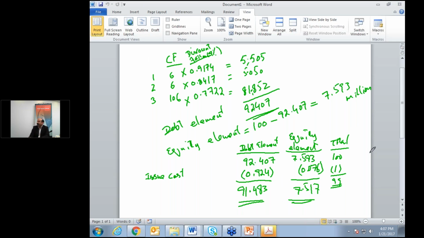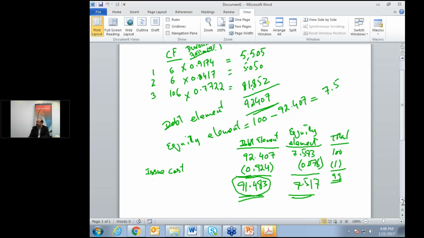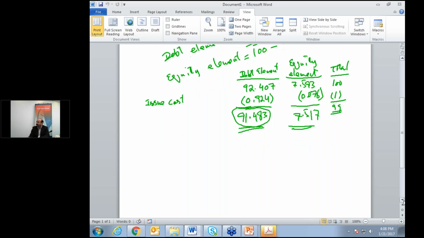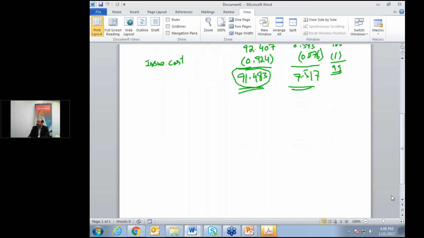Okay. So next, remember this is our figure. Let's go to the normal mode so that I have some more space.